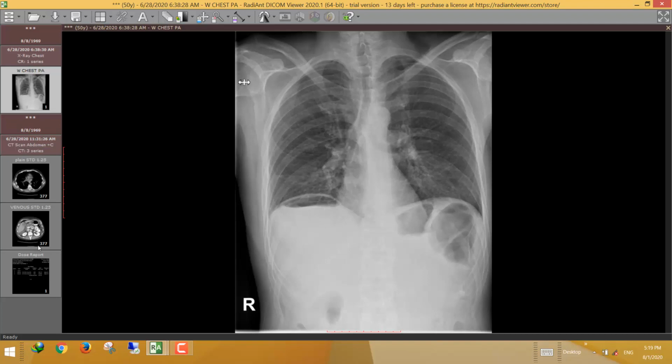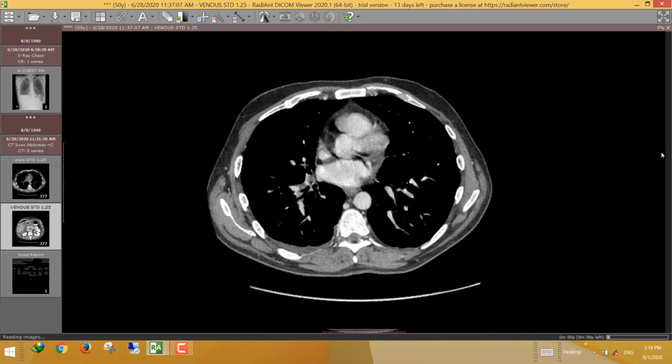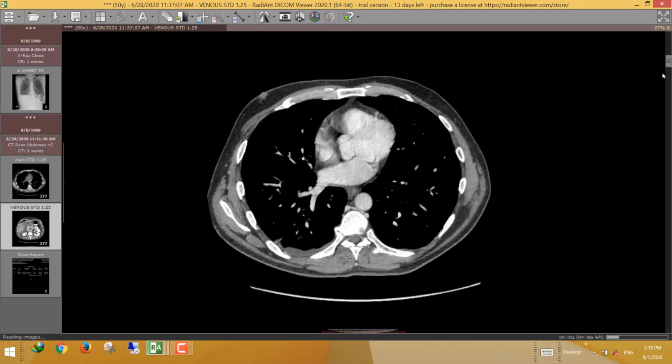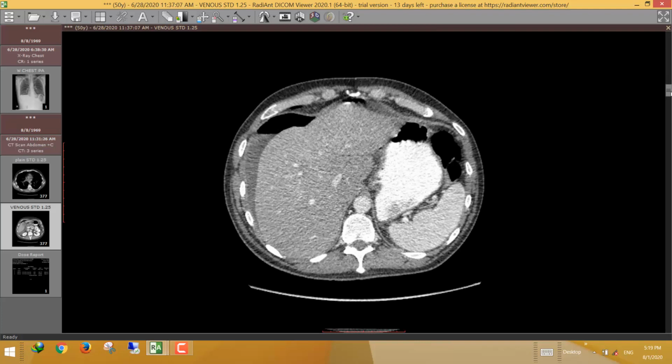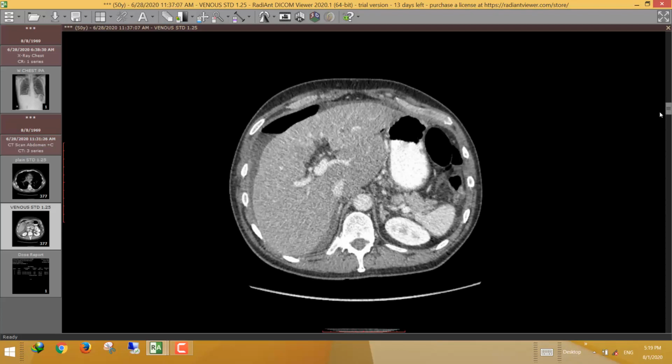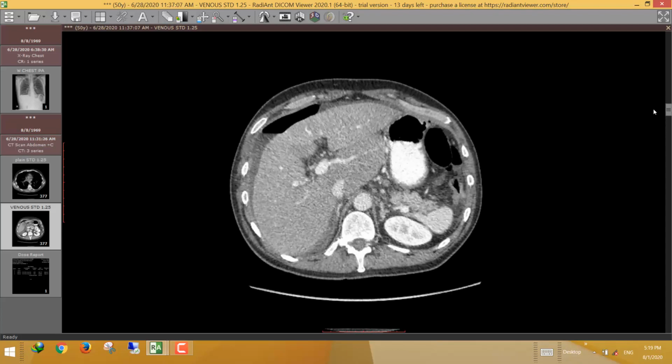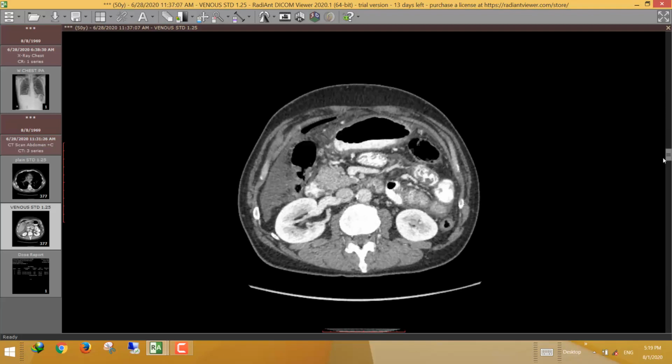He had a CT after that, and we can see the air here. This is the pneumoperitoneum seen in the plain X-ray, and this is the fluid collection, and this is the air fluid level. So this is clearly a case of pneumoperitoneum.